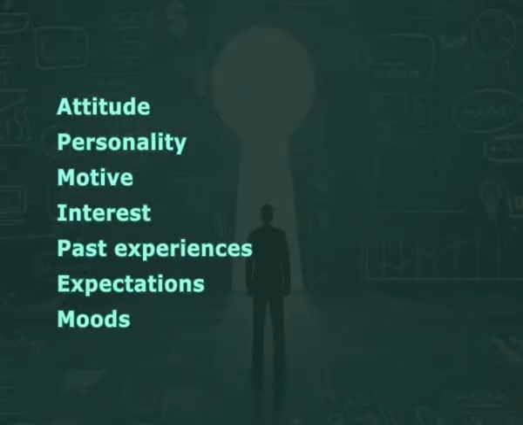Characteristics include attitude, personality, motive, interest, past experiences, expectations, moods, etc. For example, we normally think of a politician to be corrupt, a saint to be ethical and loyal, a doctor to be 100% skillful regardless of their individual traits.